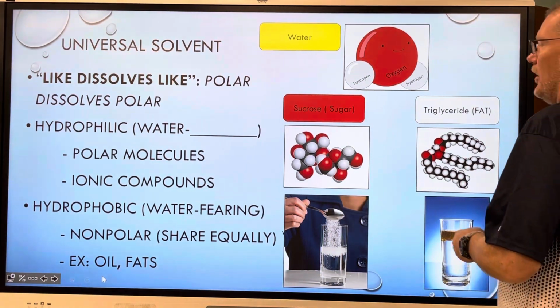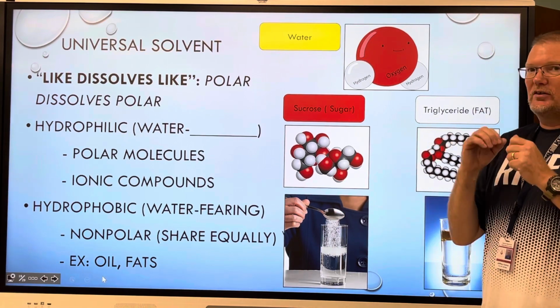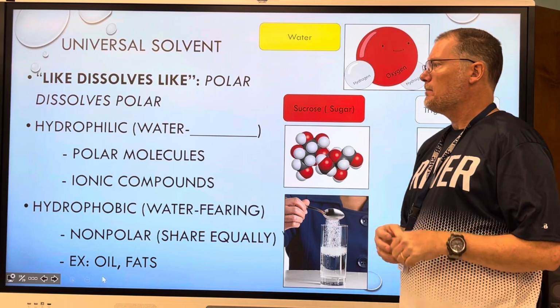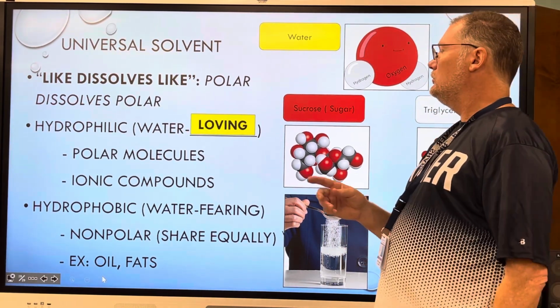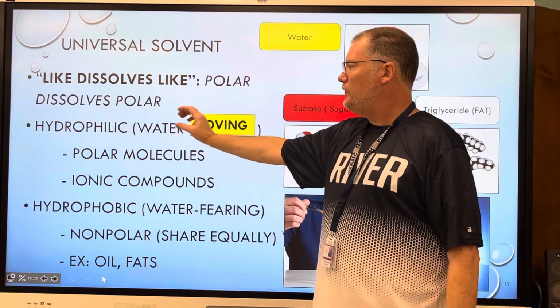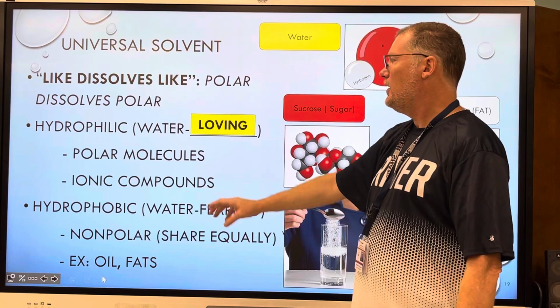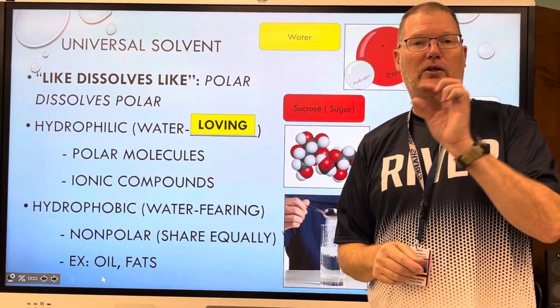So like dissolves like. Now because water is polar, it's going to dissolve polar molecules. So there's hydrophilic molecules and there's hydrophobic molecules. Philic means loving, like the city of Philadelphia.